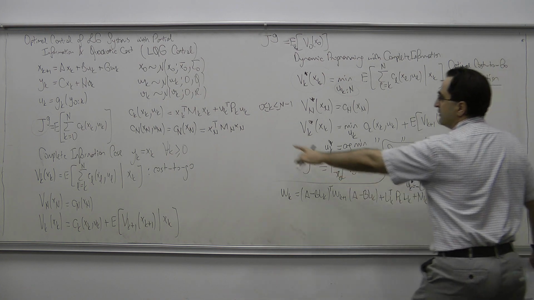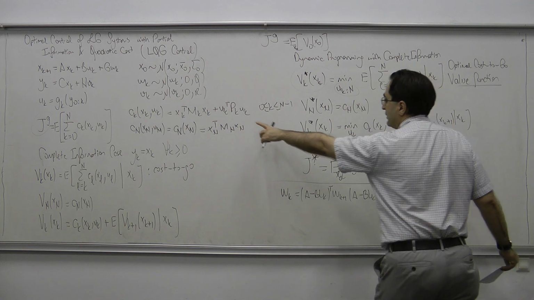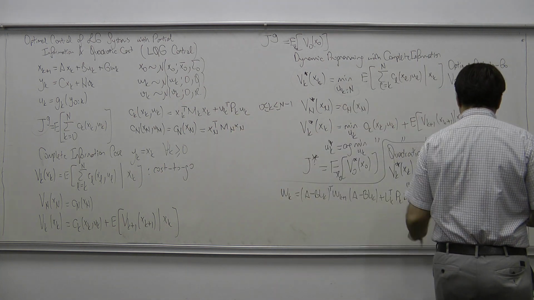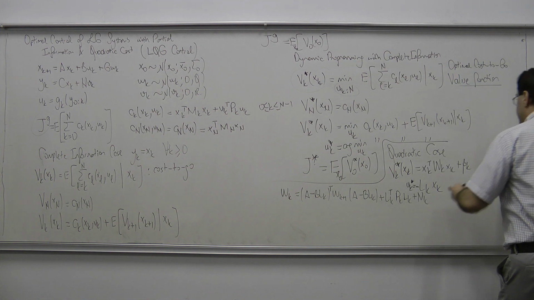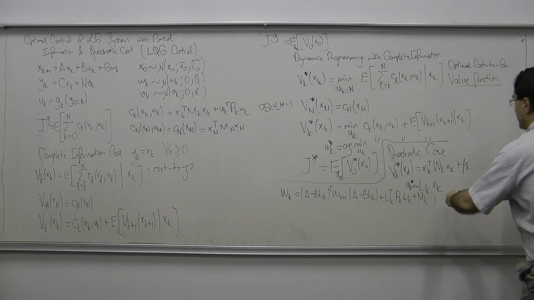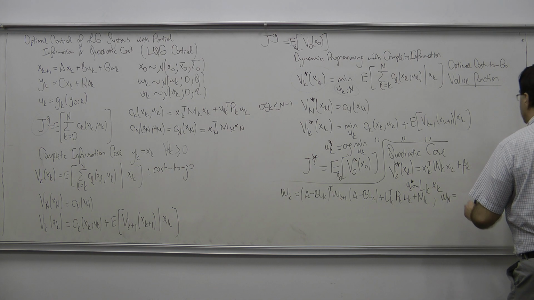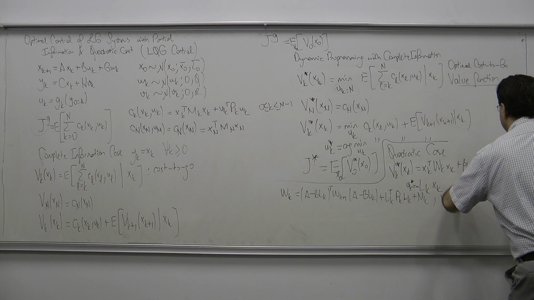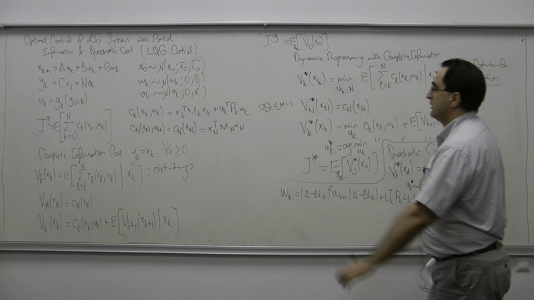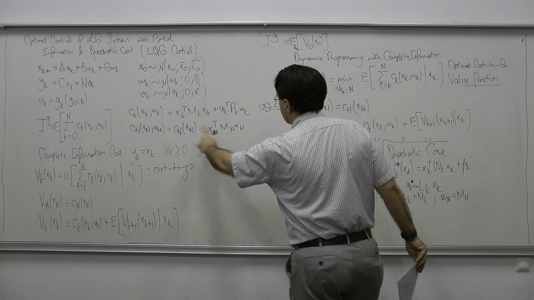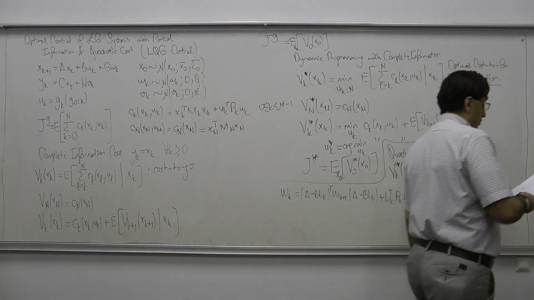Okay? This Pk is this matrix. In the earlier lecture we had Rk here. Now we have Pk. And how did we start this recursion? We started it by setting the Wn matrix to Mn, the last coefficient matrix of the quadratic form of the incremental cost.